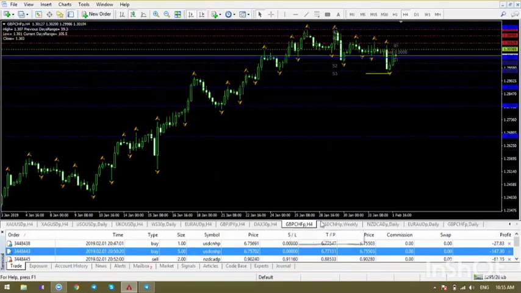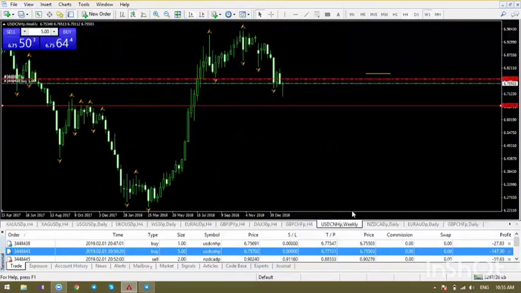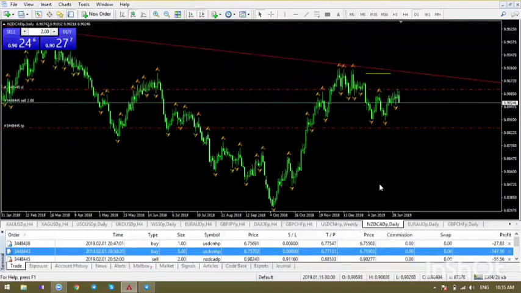Let me look for it too. A reversal candlestick.